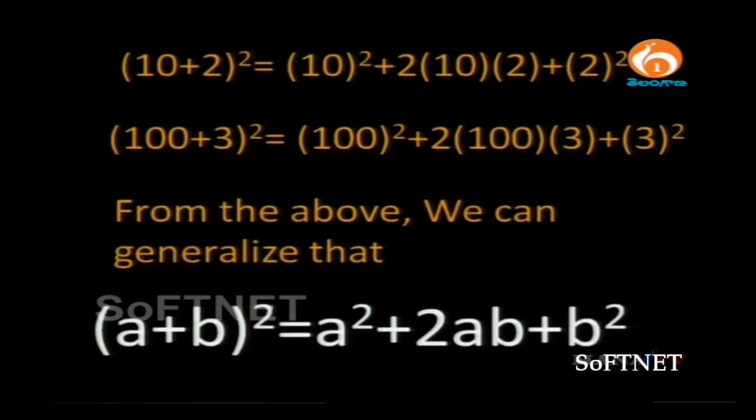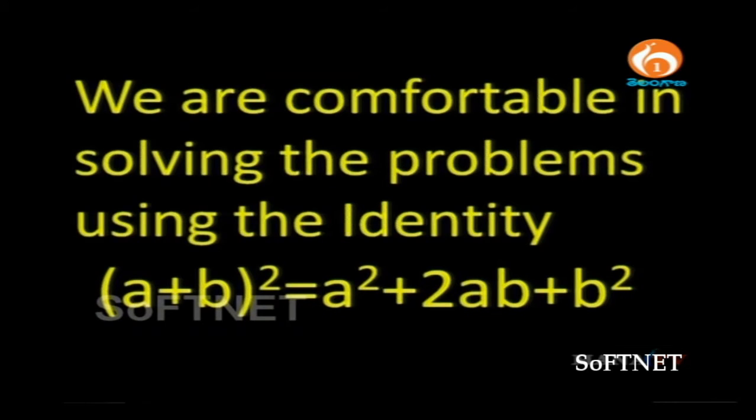From the above examples, we can generalize that a plus b whole square is equal to a square plus 2ab plus b square. We are comfortable in solving the problems using this identity a plus b whole square is equal to a square plus 2ab plus b square.